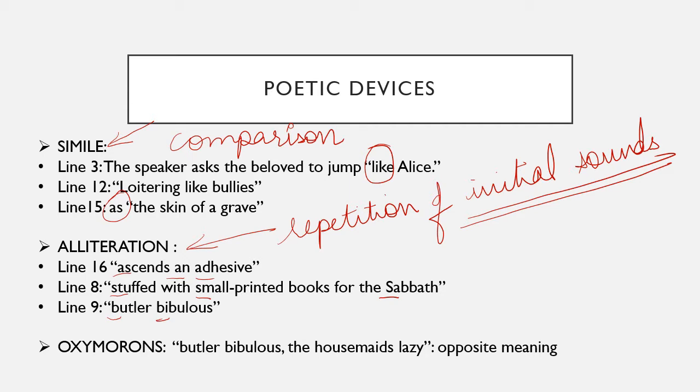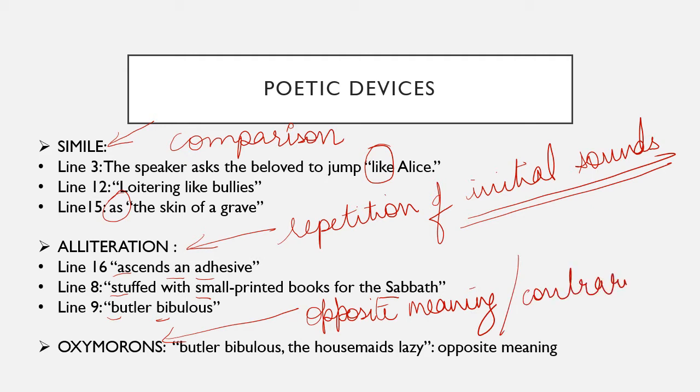So, use of alliteration. Now again, oxymoron. What is this poetic device oxymoron? Oxymoron means when two opposite meaning words or very contrary words come together. So here butler is bibulous, and it is important to note the meaning of bibulous.